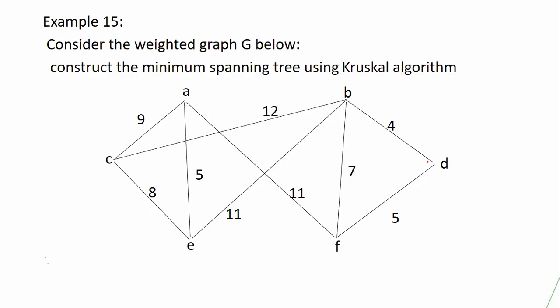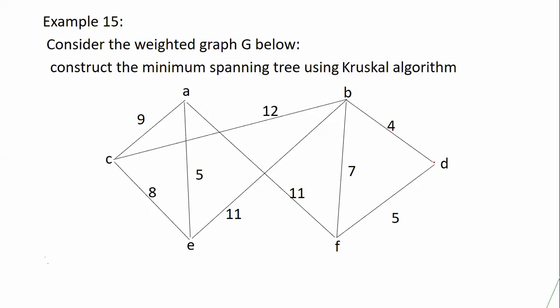So look at this graph. Now the least edge is 4. The weight here is 4. That's the least among all the weights. So the length of BD is 4. Then we start from the edge BD.